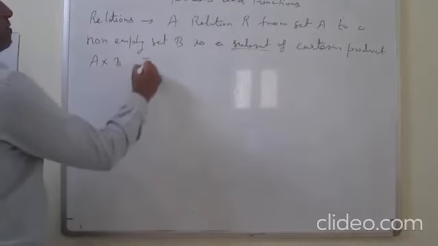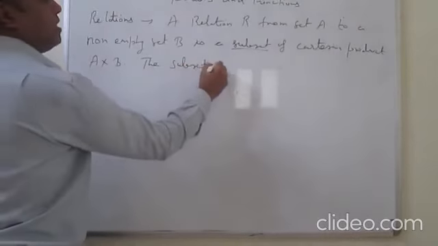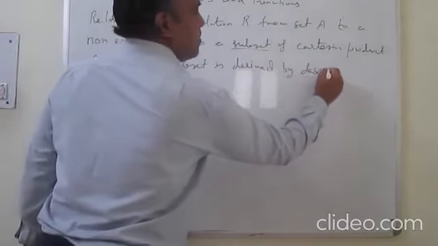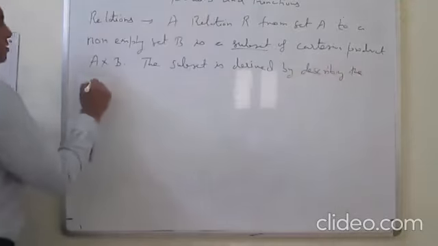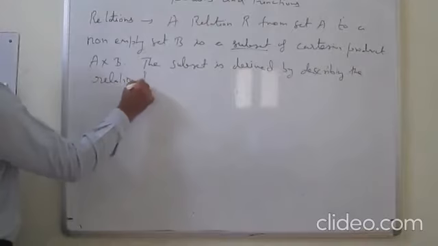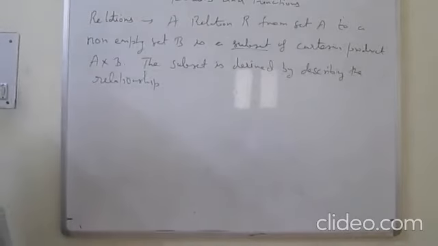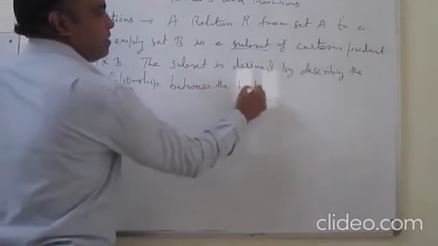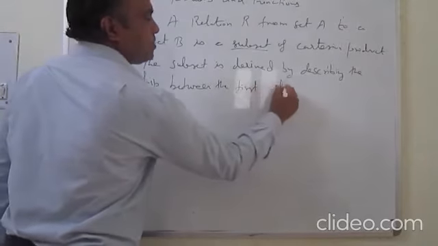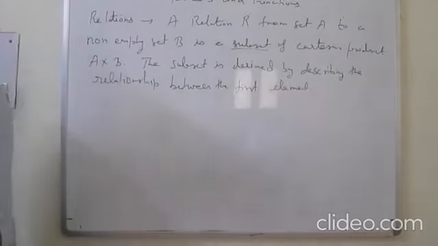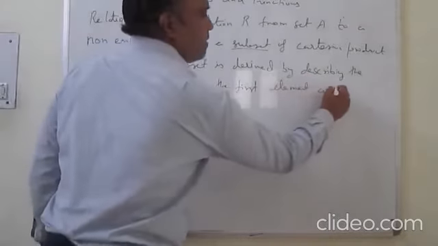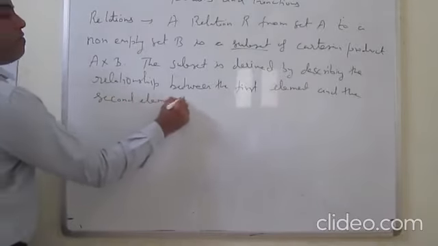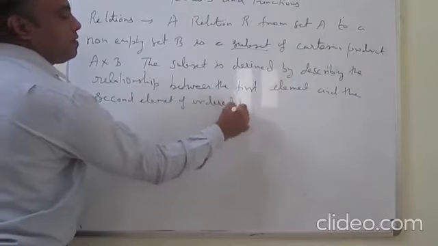The subset is derived by describing the relationship between the first element and the second element of the ordered pair.